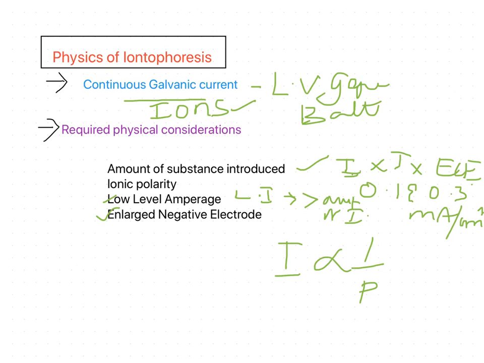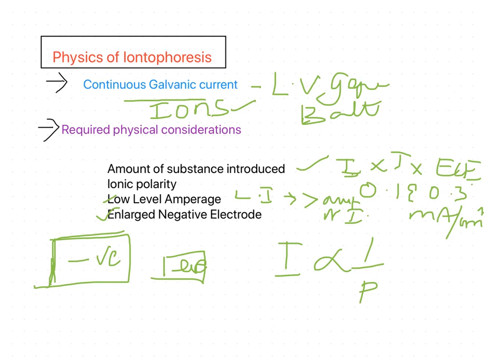This is best done by making the negative electrode larger than the positive electrode, and should be done if the negative electrode is the active or driving electrode. For example, if the negative electrode is active in the iontophoresis, then also you have to take this negative electrode as larger than the positive electrode.